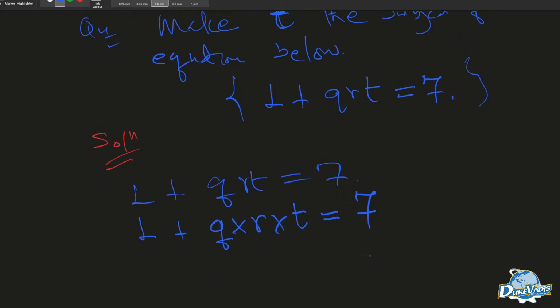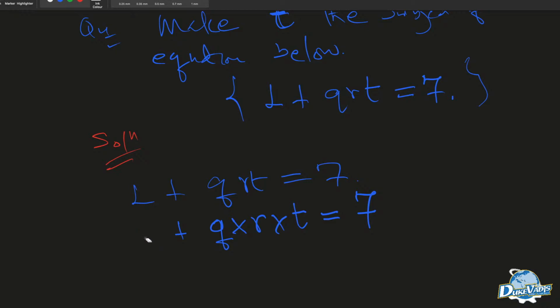So if that is the case, you see, QRT is composite, in the sense that they are multiplying each other, so they come in as one unit expression. But let us apply what we have learned earlier. We learned that in an equation, what we do to the left hand side, we do the same to the right.